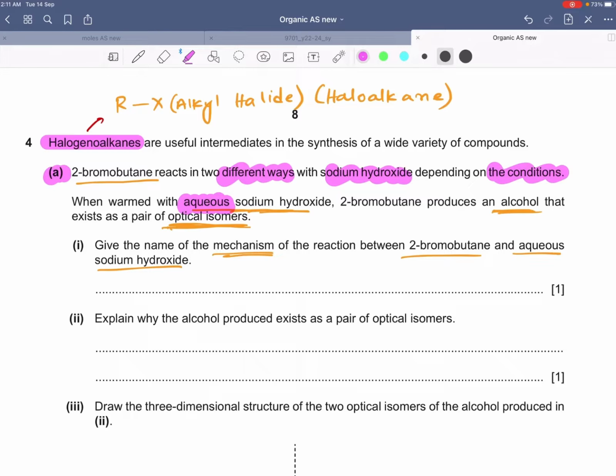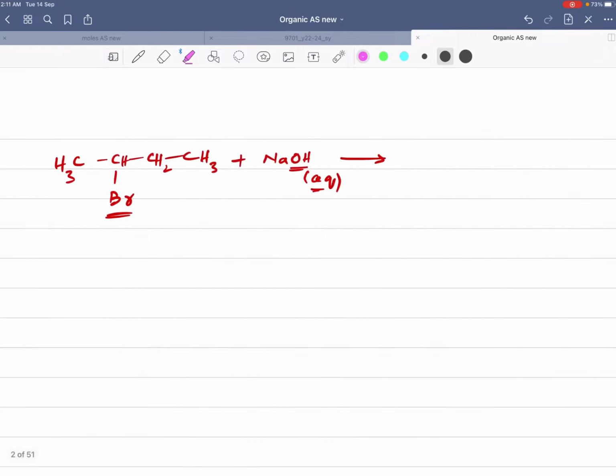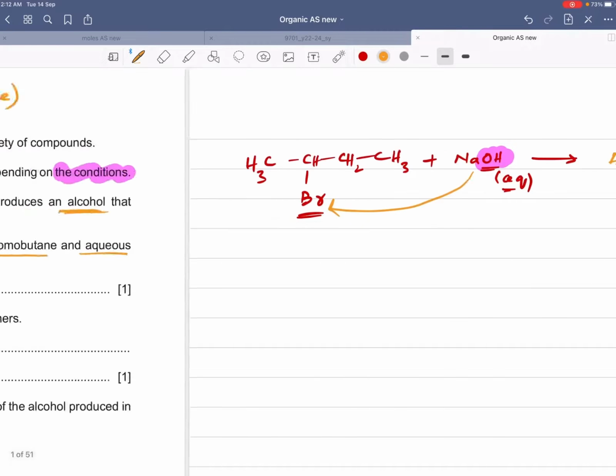So the condition is aqueous, right? So we are using NaOH aqueous, and when we use NaOH aqueous with a halogenoalkane, substitution occurs. The OH group will replace the Br, right? So we get alcohol. The product of the substitution reaction of an alkyl halide with NaOH aqueous is alcohol.